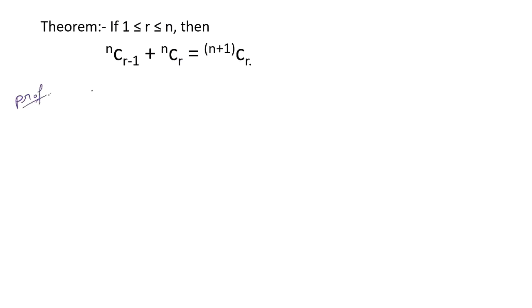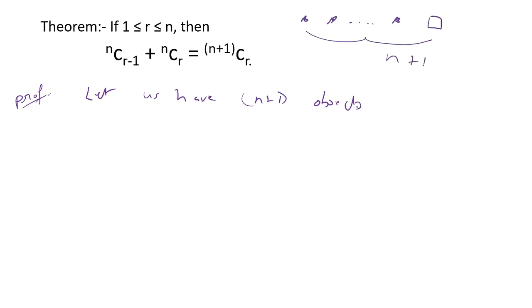Proof. Let us have n plus 1 objects, 1, 2, and so on up to n, and a special object like this. So these are my n plus 1 distinct objects. Now out of these n plus 1 distinct objects, I have to select r.